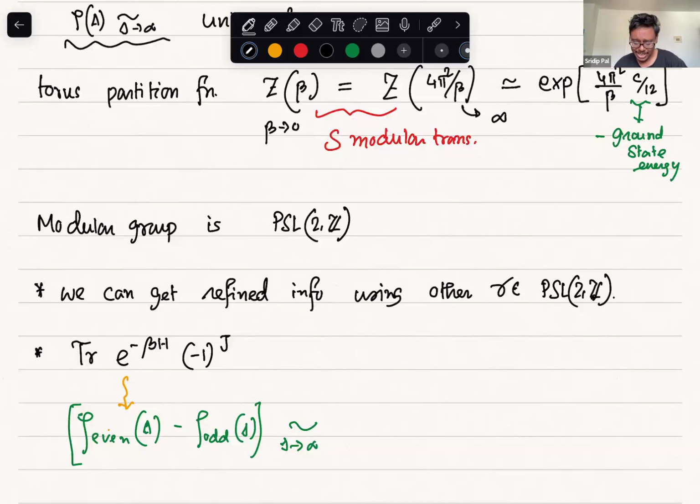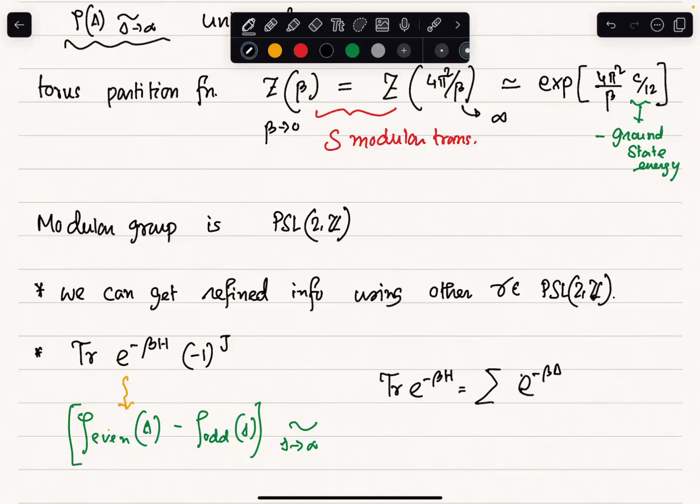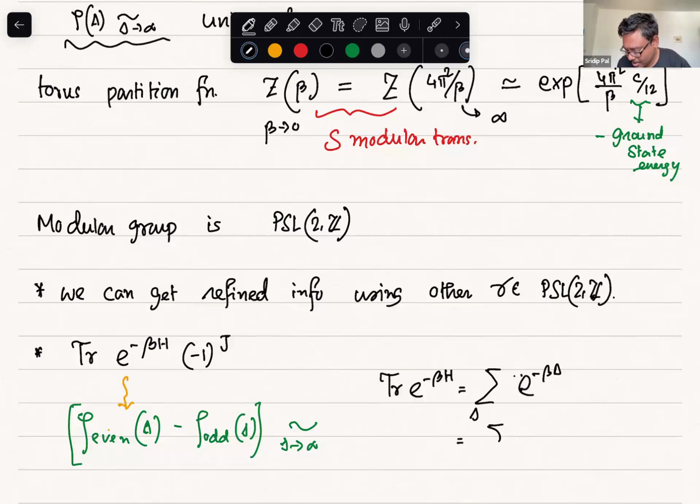When you say that trace e to the power minus beta H gives you the vacuum to vacuum amplitude, that happens in the beta going to infinity limit. So let me write it down. Trace e to the power minus beta H is really the sum over delta of the amplitude delta e to the power minus beta H delta.